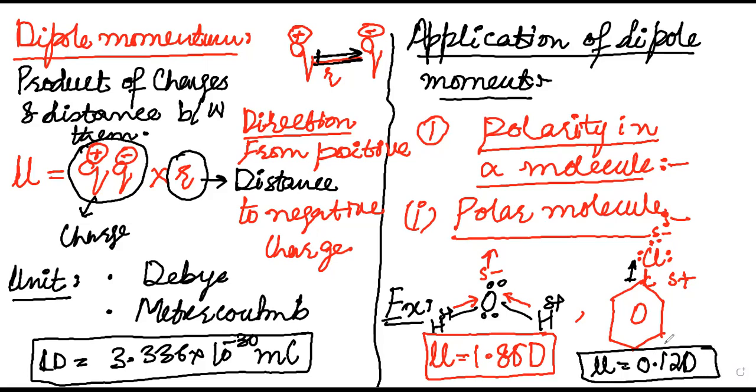Here we can conclude that chlorobenzene and water are polar molecules because both have a dipole moment value due to the resultant vector. So a polar molecule has a dipole moment of some value.